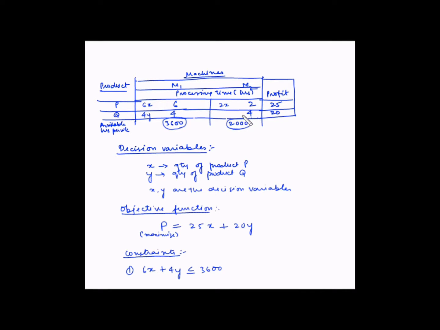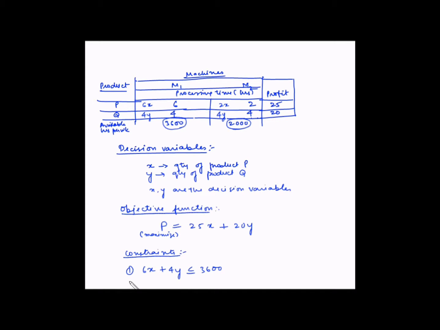Similarly, Y units of Q will need 4 multiplied by Y hours to be processed on machine M2. So the time taken by Y units of Q to be processed on M2 is 4 multiplied by Y.